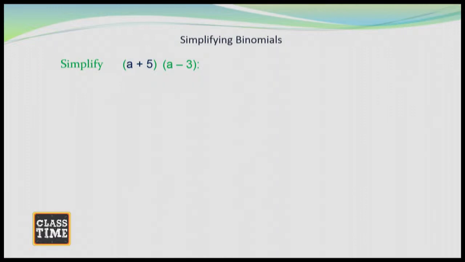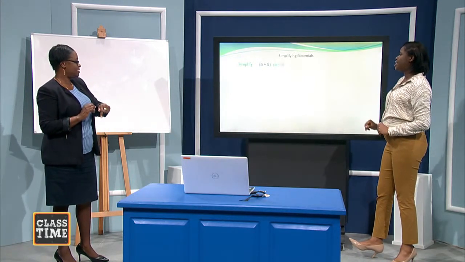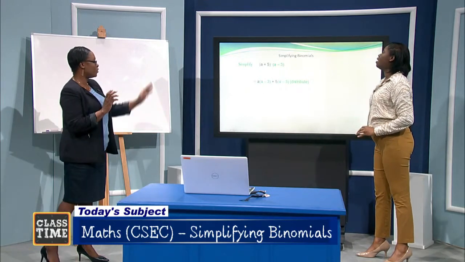Let's look at another situation. Now we have 2 binomials. I'm thinking that we would use the same idea, but we could use the terms in the first bracket to operate upon the terms in the second bracket, or distribute.